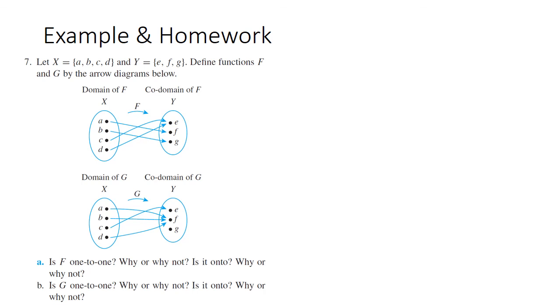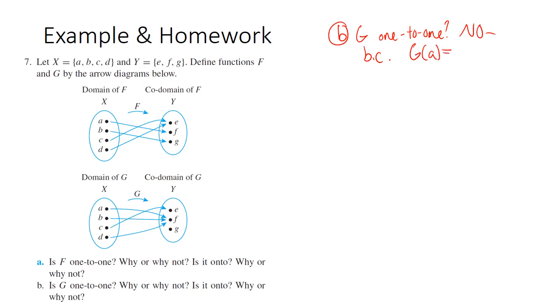Okay, so I'm going to go over the solution to B because that was not in the back of the textbook. So part B is, is g one-to-one? Let's look at g. No, it is not, because there are three elements that go to the same output.